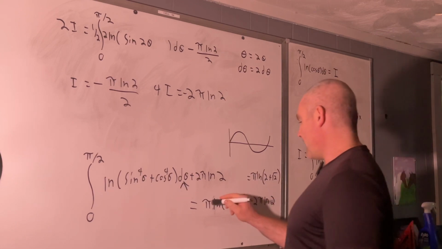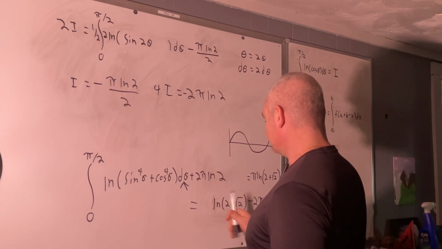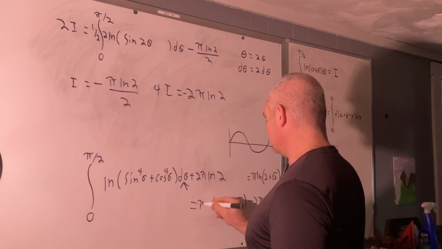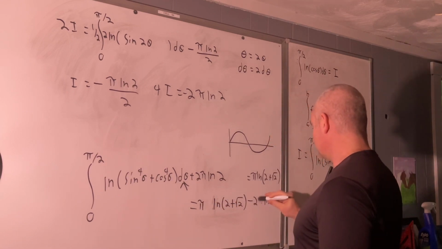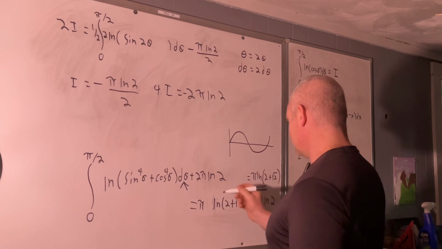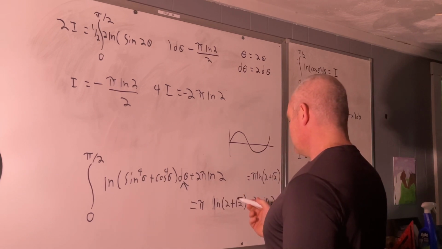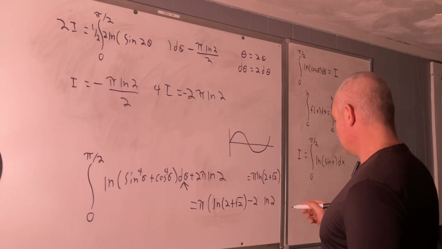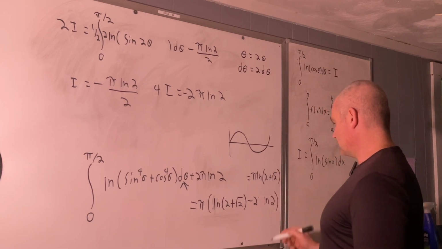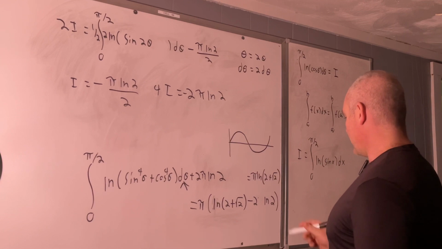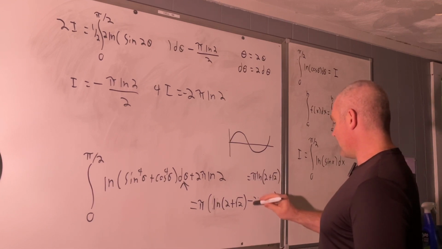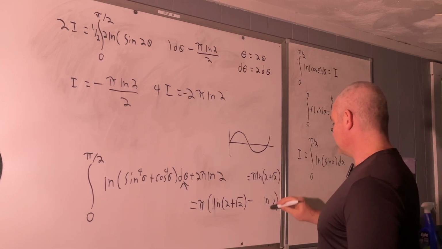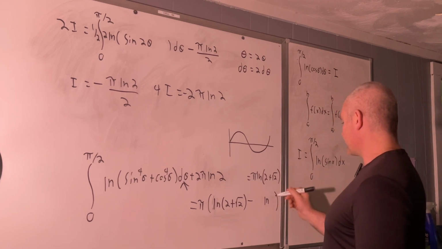We can factor out a pi. And then let's make this a minus natural log 4, using the properties of logarithms.